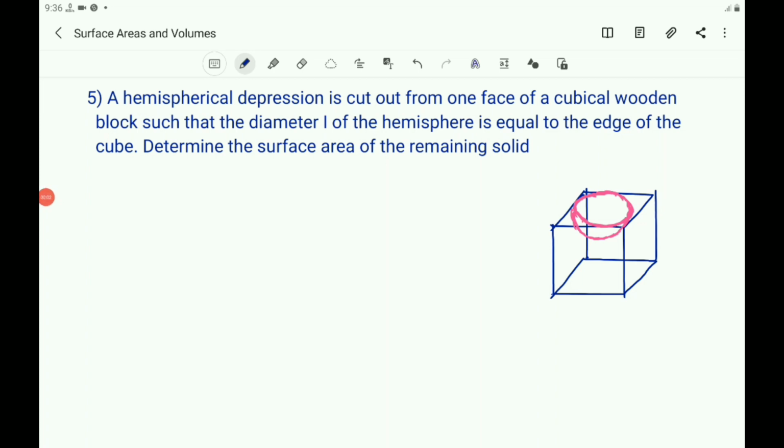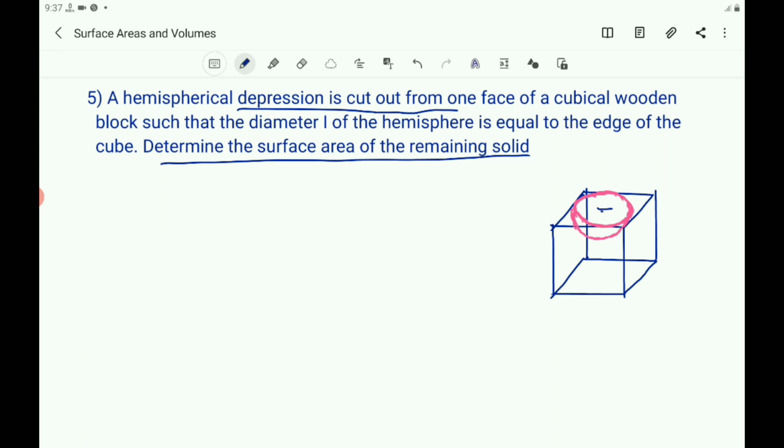Now the fifth question. A hemispherical depression is cut out from one face of a cubical wooden block such that the diameter L of the hemisphere is equal to the edge of the cube. Determine the surface area of the remaining solid. See here, a hemispherical shaped depression is cut out, and we have to find the surface area of the remaining solid.